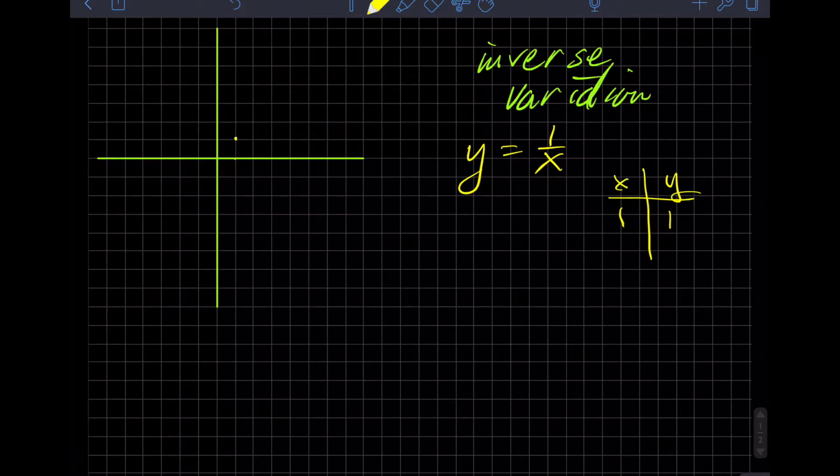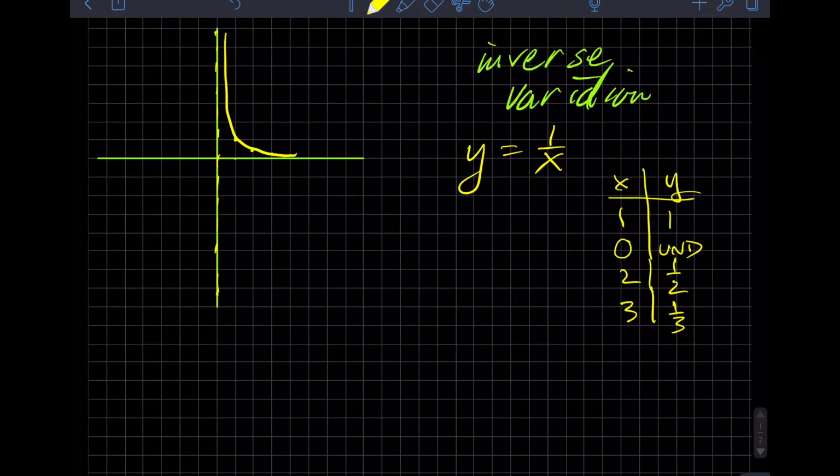So x is 1, y is 1. x is 0 is undefined, so I get this asymptote. And if I put a 2 in there, I get 1/2 for y. And if I put a 3 in there, I get 1/3 for y. And so I get this.